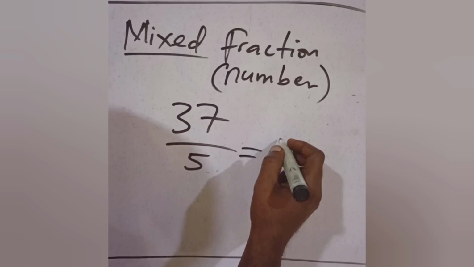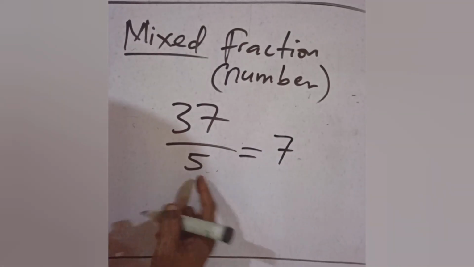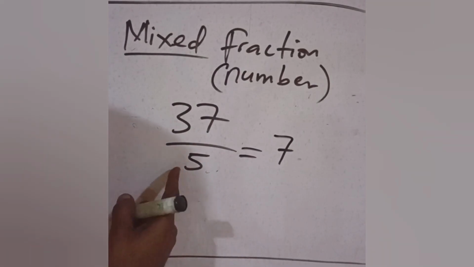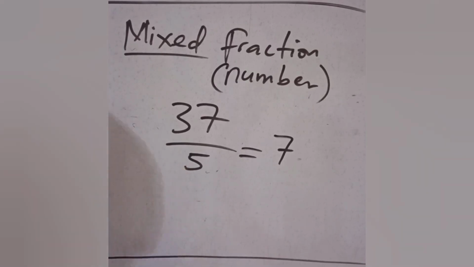It should be 7 times. 7 times 5 is 35. So if you have 5, this is counting in fives.